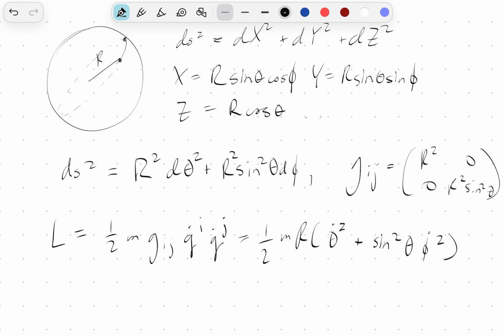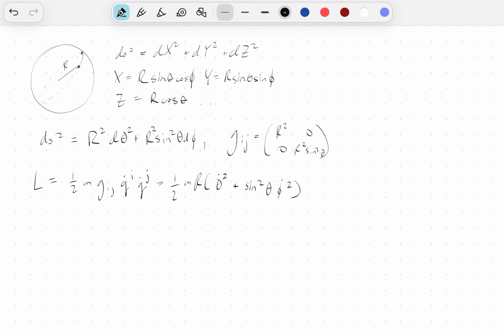Okay? And you can treat theta and phi as the generalized coordinates instead.